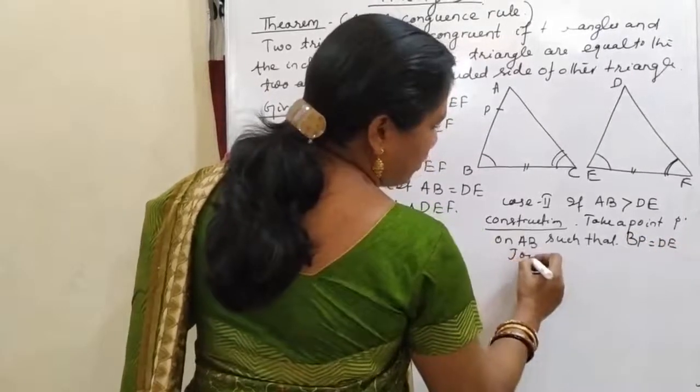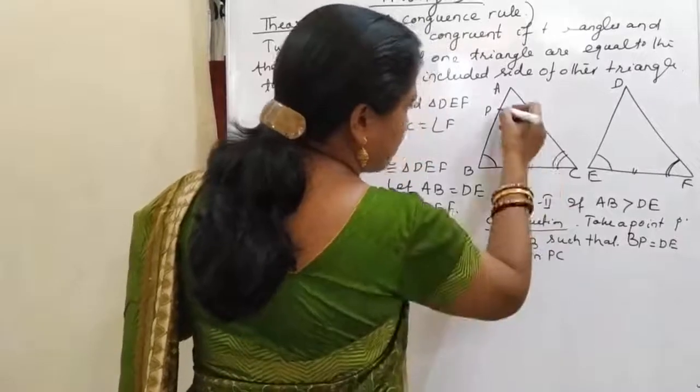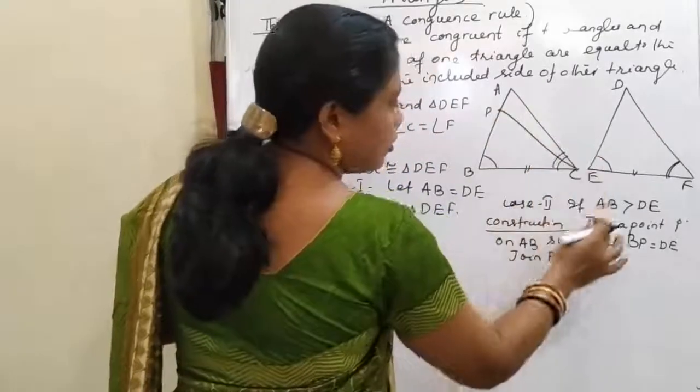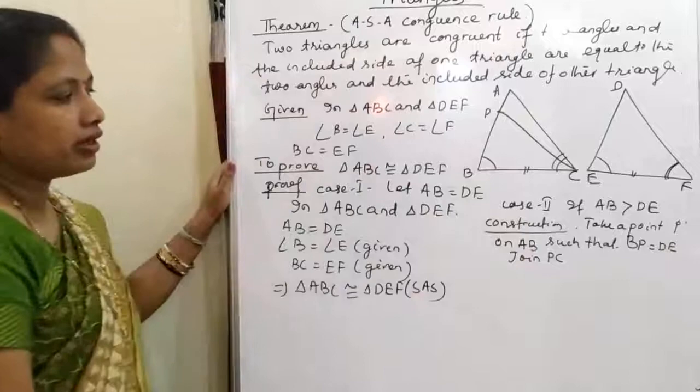Then join PC. So this is our required construction for AB greater than DE.